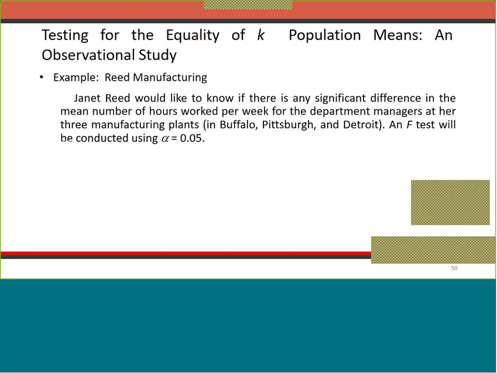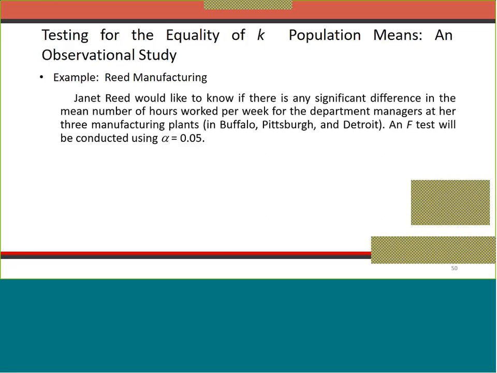So let's take a second example. Janet Reed would like to know if there is any significant difference in the mean number of hours worked per week for the department managers at her 3 manufacturing plants in Buffalo, Pittsburgh and Detroit.